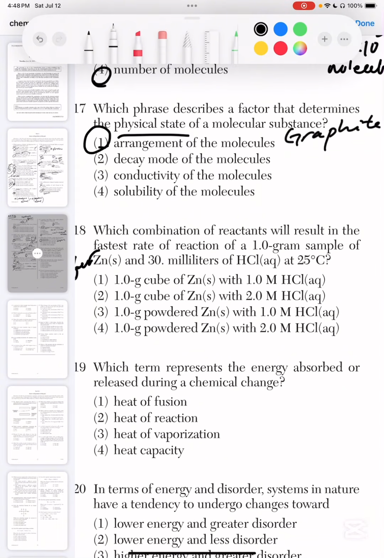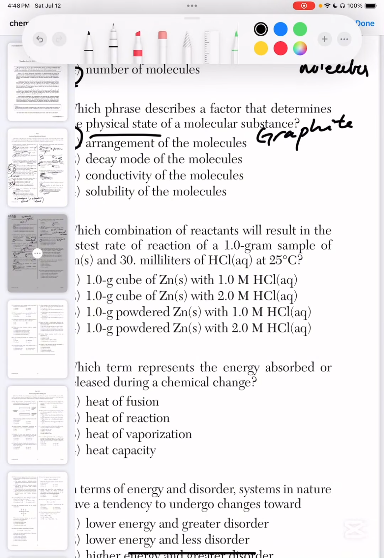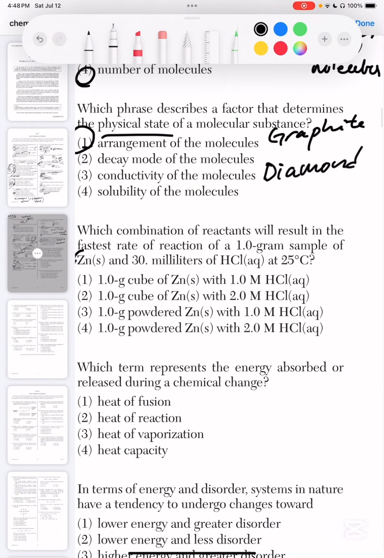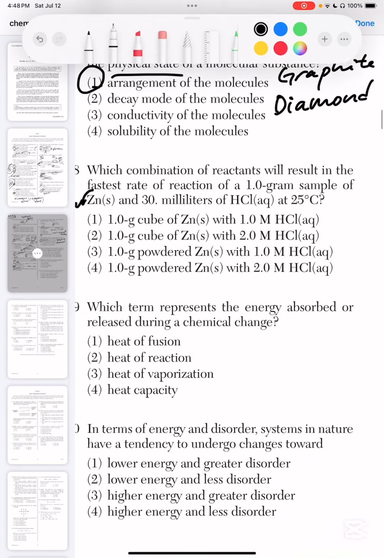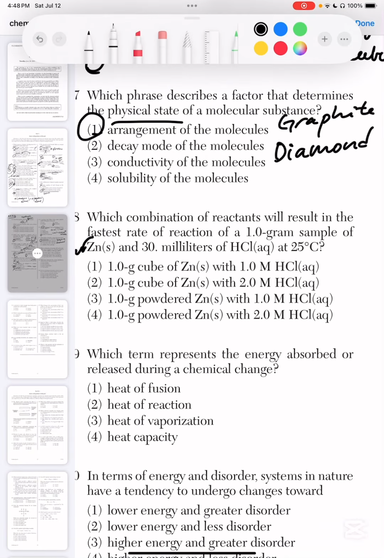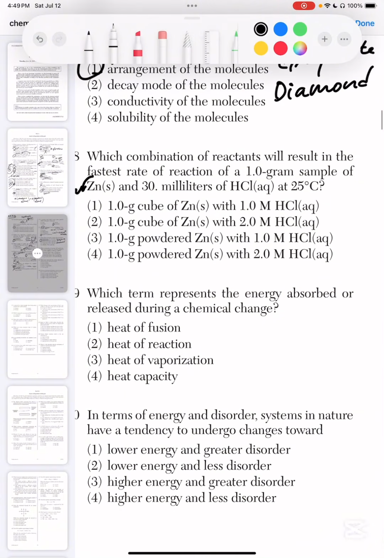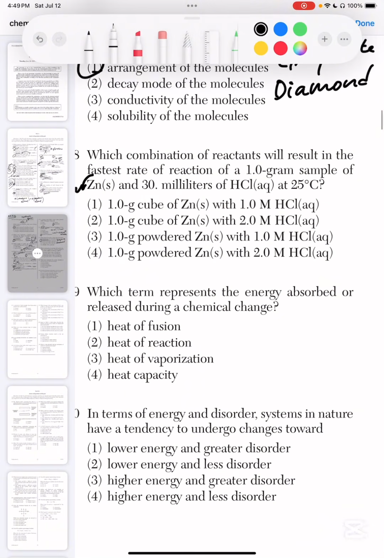The difference in arrangement and structure is the reason behind the difference in appearance. Fundamentally, diamonds and graphite are the same stuff. They're both carbon, but a different arrangement of carbon causes the difference in appearance between graphite and diamond. So a different arrangement of the molecules would determine the physical state of that substance.